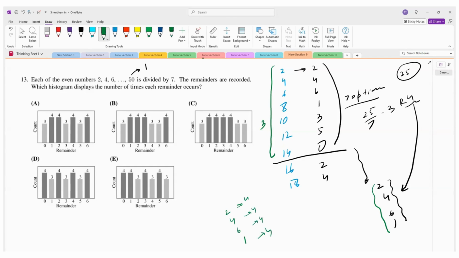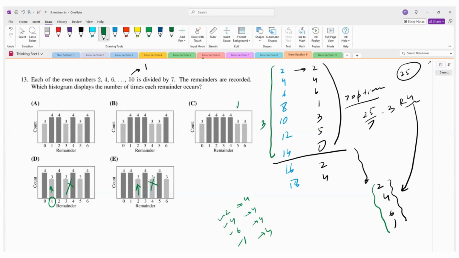So let's see if that helps us narrow down our options. Any option that does not have 4 each of these remainders, 2, 4, 6, and 1, we're going to discard. This one, 1 has 3, so discard that. Here, the remainder of 2 has 3 entries, so discard that.